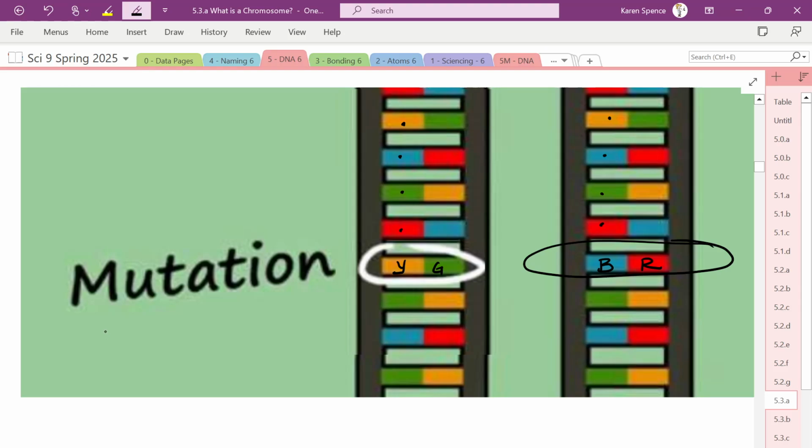And remember, a mutation, this is for not Monday's quiz, but this would be for Wednesday's quiz.